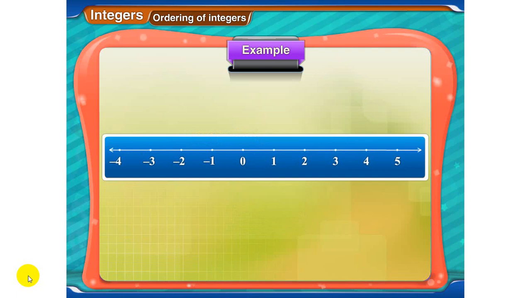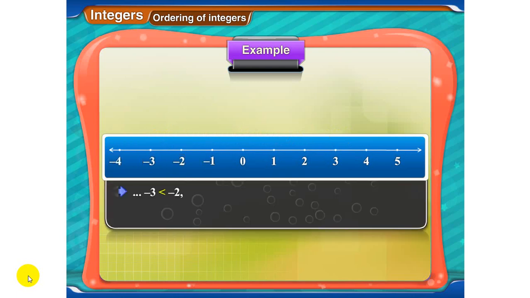Thus, we see that on a number line, the number increases as we move to the right and decreases as we move to the left. Therefore, -3 is less than -2, -2 is less than -1, -1 is less than 0, 0 is less than 1, 1 is less than 2, 2 is less than 3, and so on.